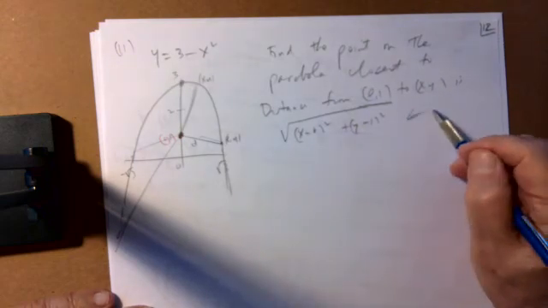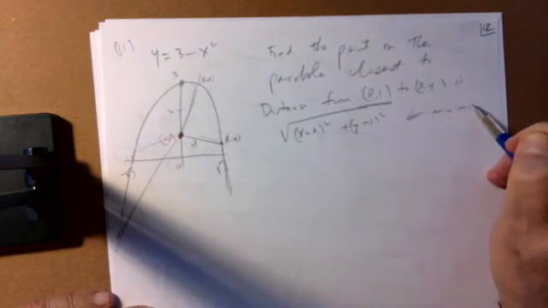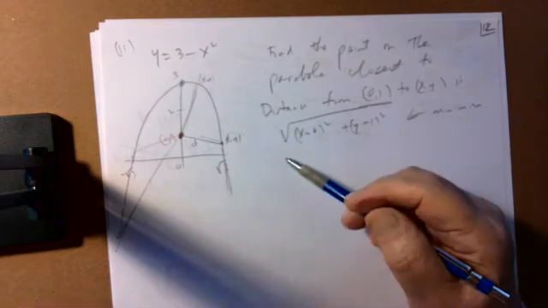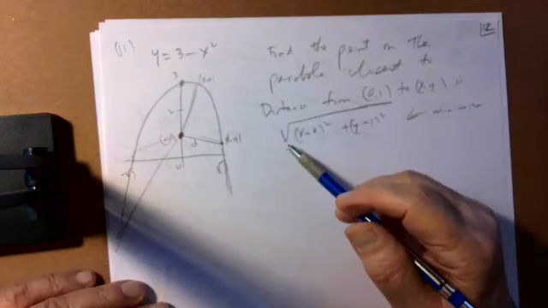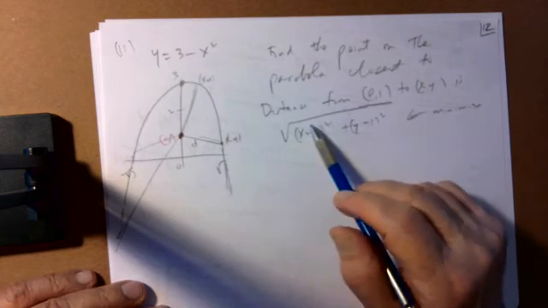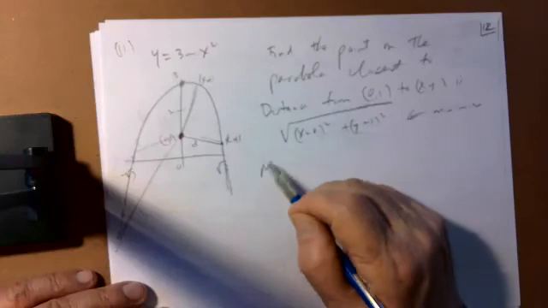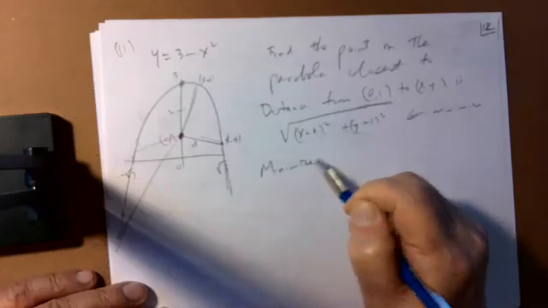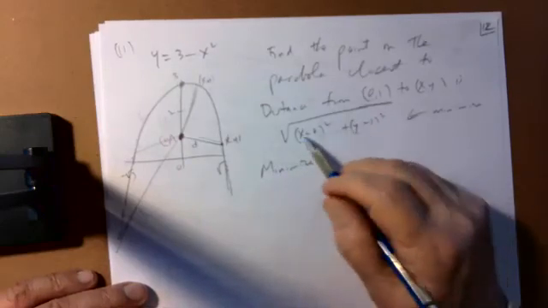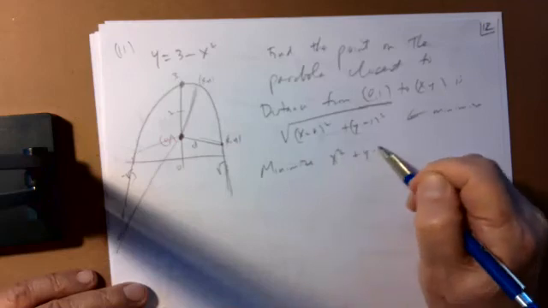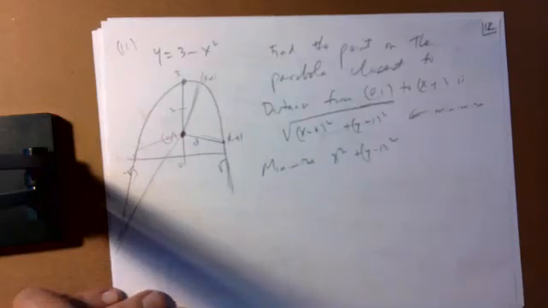And you want to minimize this. You can make it easier. It's not necessary, but it's easier algebraically. The square root of something gets smaller when what's under the square root sign gets smaller. So it's enough to minimize x squared plus y minus 1 squared.